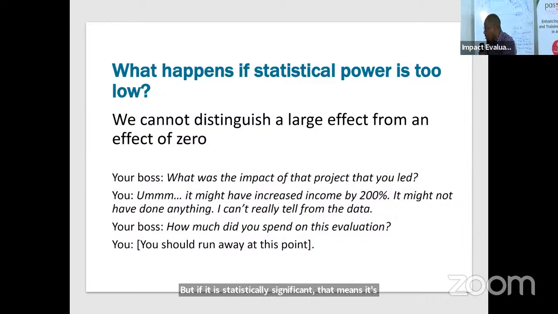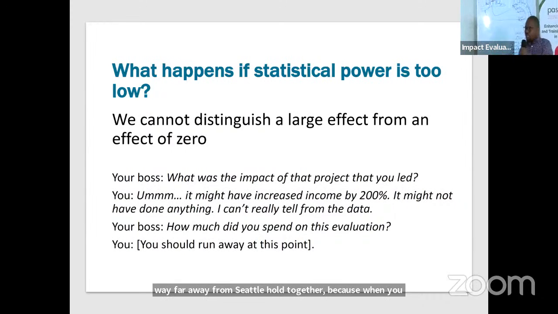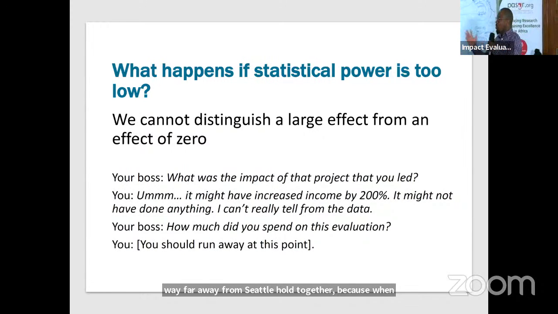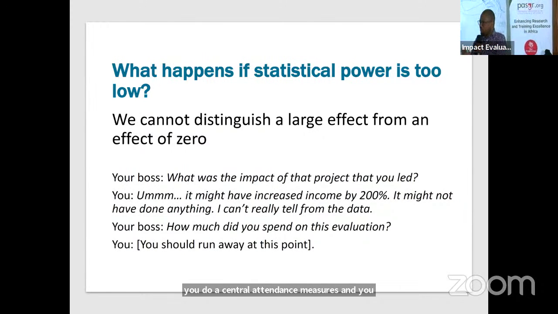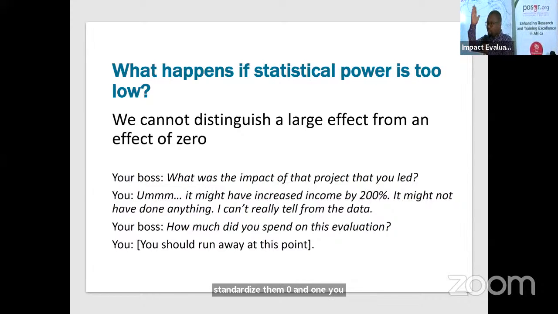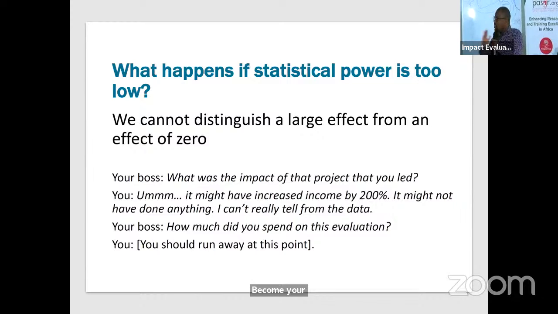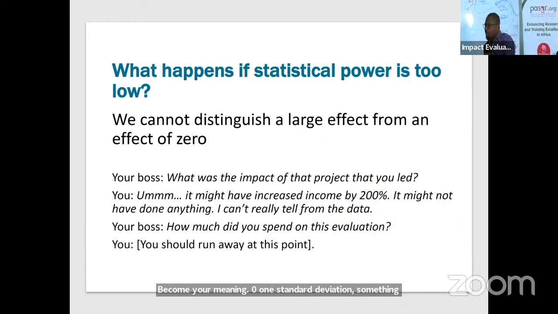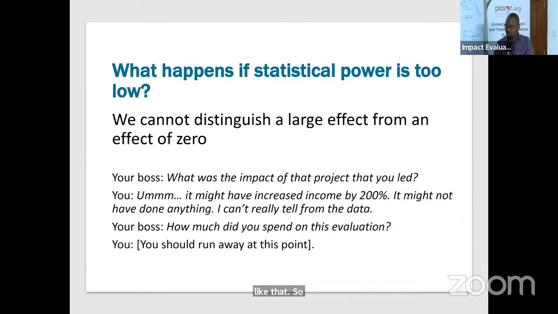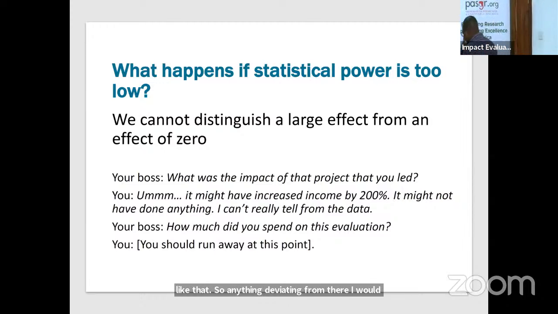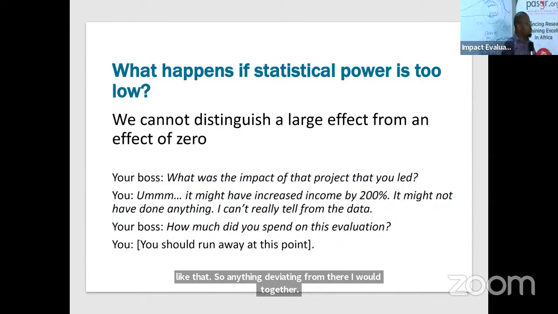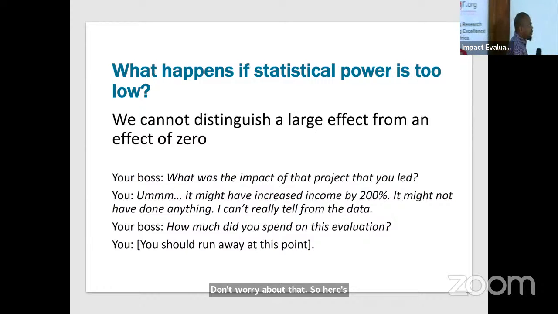Are we together? Because when you do central tendency measures and you standardize them, 0 and 1, your mean is 0, 1 standard deviation, something like that. So anything deviating from there. Don't worry about that. So here's the case for you. I am your boss. Here we have a conversation.